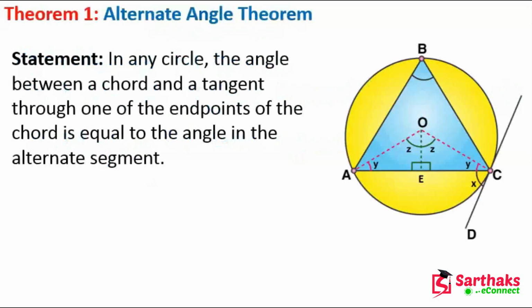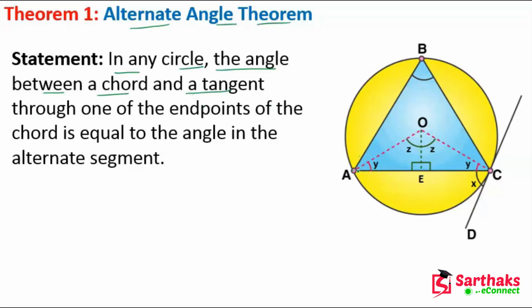Okay, so my dear friends, the first theorem is the alternate angle theorem. This theorem states that in any circle, the angle between a chord and a tangent.